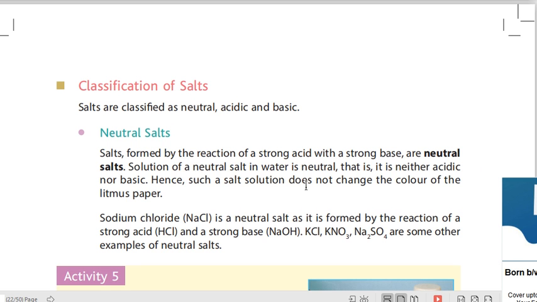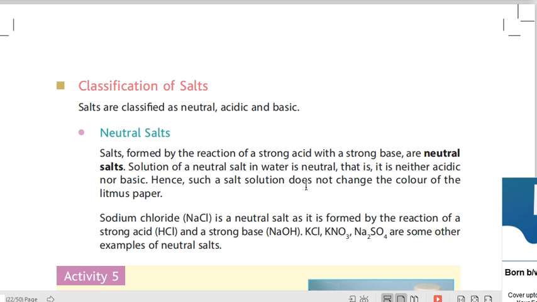Now, classification. Classification of salt means we classify salts into different categories based on their properties and behavior. Basically, we can classify salt in three categories: acidic salt, basic salt, and neutral salt. Now, see how it is classified.